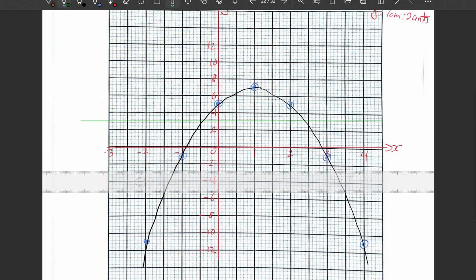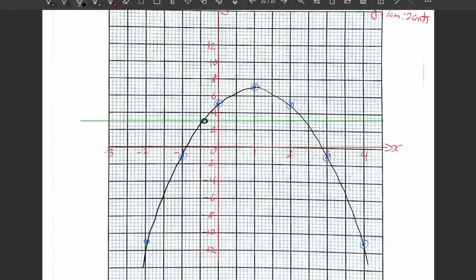Right, and now it is a case of reading off the values. So let's see if we could get a close approximation. This point here seems to be around minus 0.4 and 3.